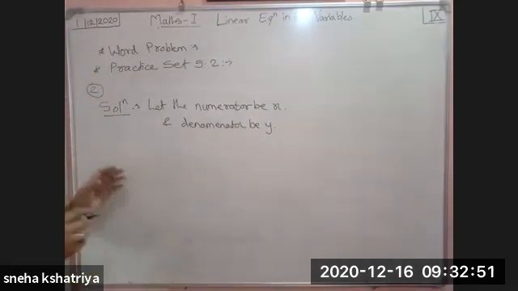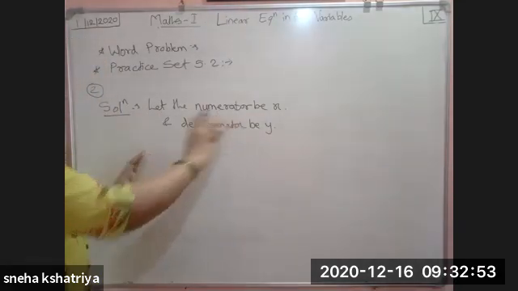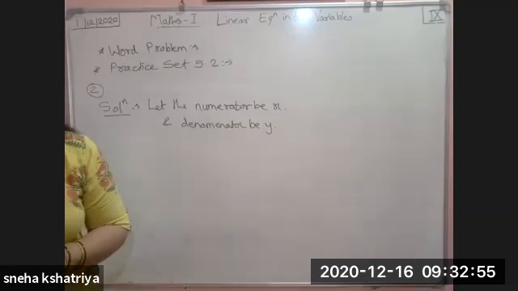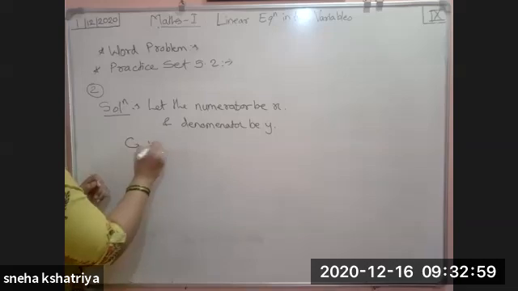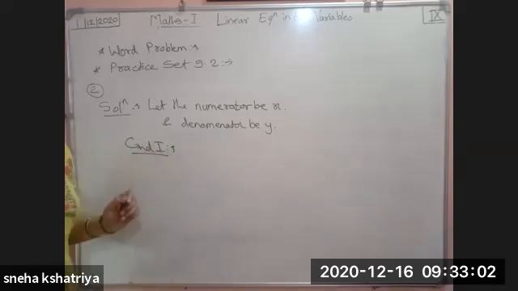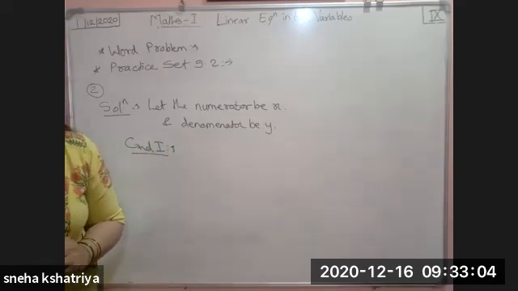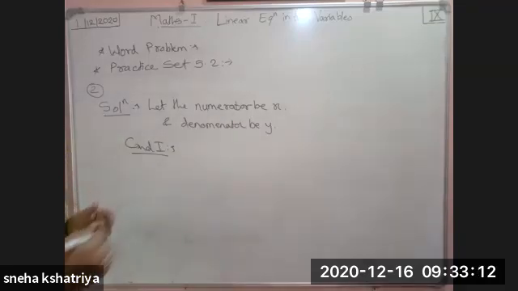Now we have supposed what the numerator and the denominator are. Now what is the condition? First condition: the denominator of a fraction is 1 less than twice the numerator.